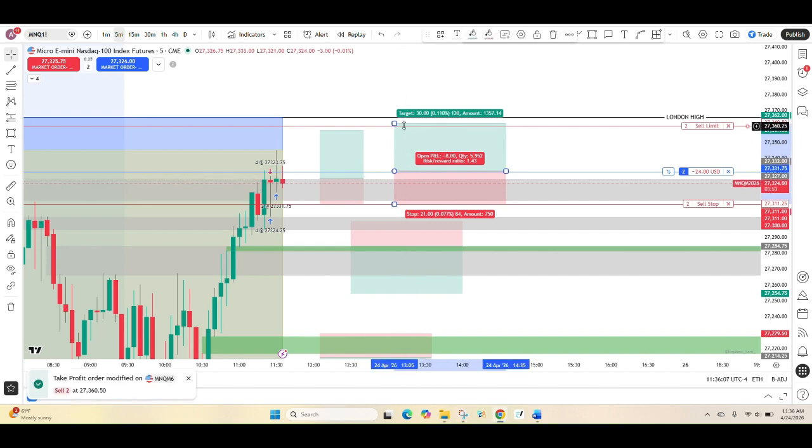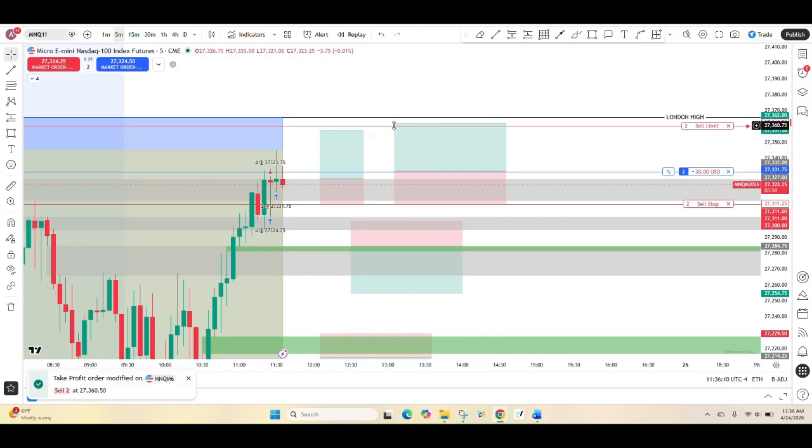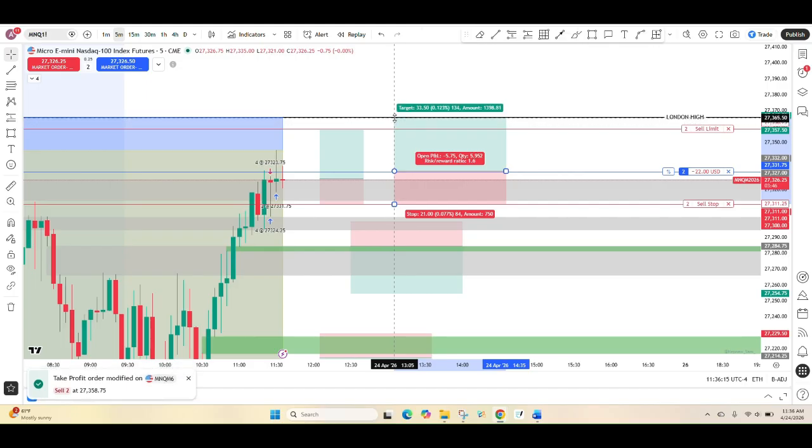I'm trying to move this and it keeps moving my stop loss instead. Oh my god, why am I doing that? Oh, that was again.